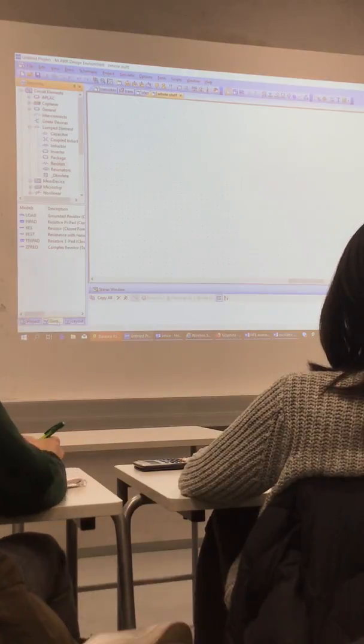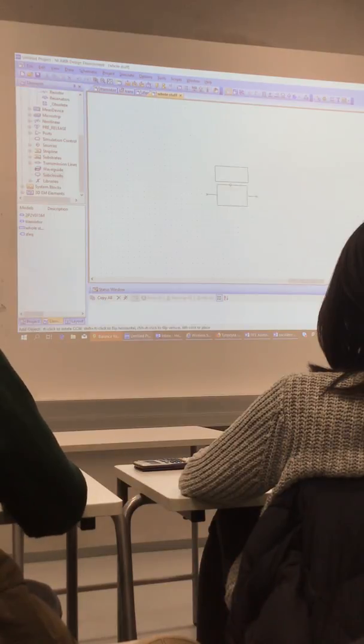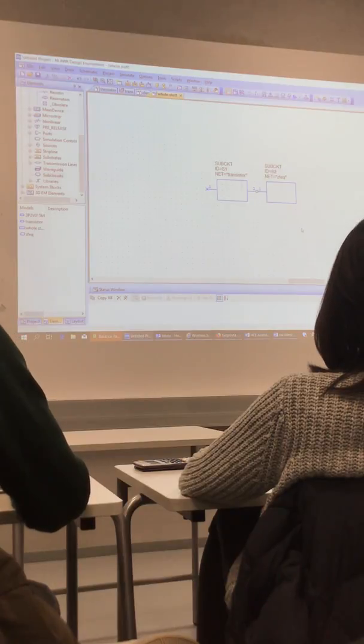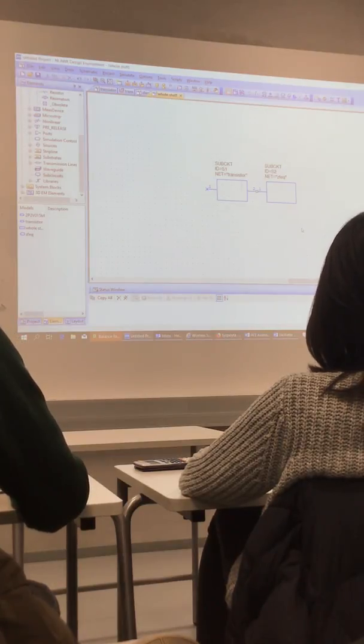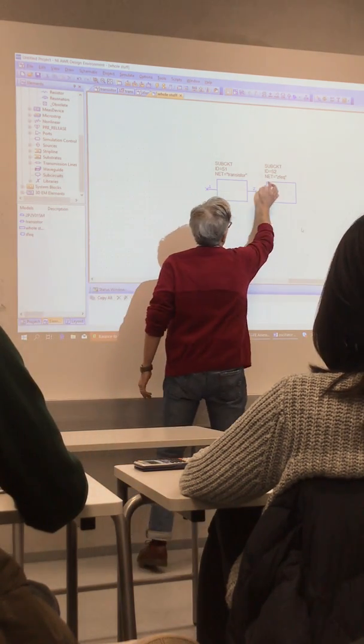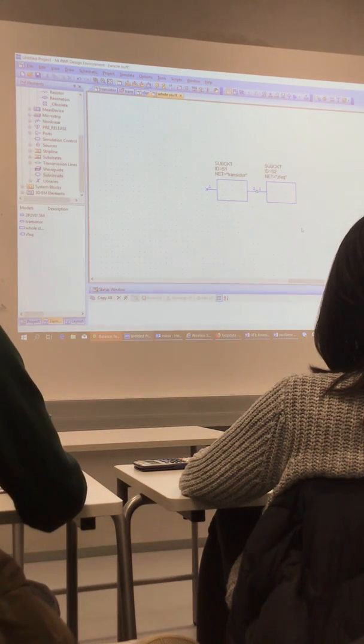I'll take from the sub-circuits category the transistor like this, and then I'll take the Z-freg like this. And now I have all this here on one schematic. I have the transistor in one sub-circuit and the Z-freg in one sub-circuit.